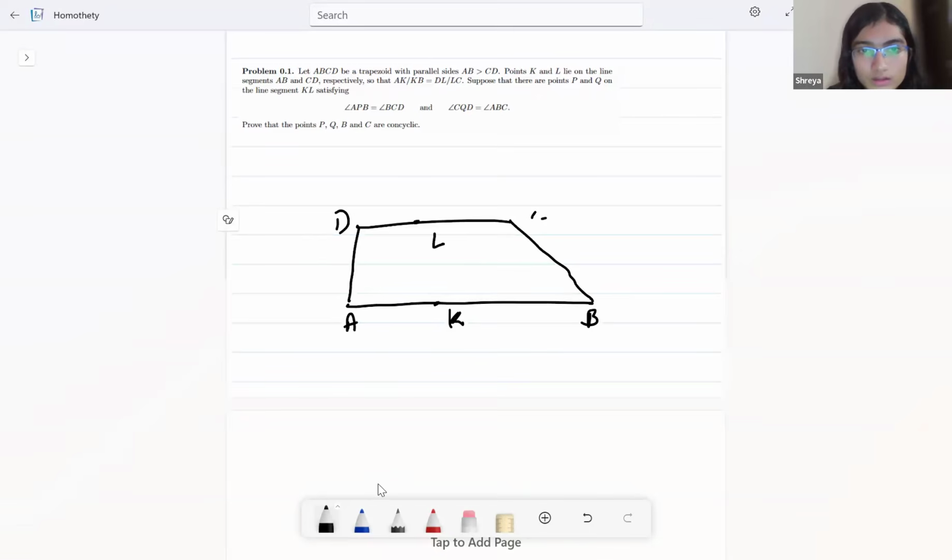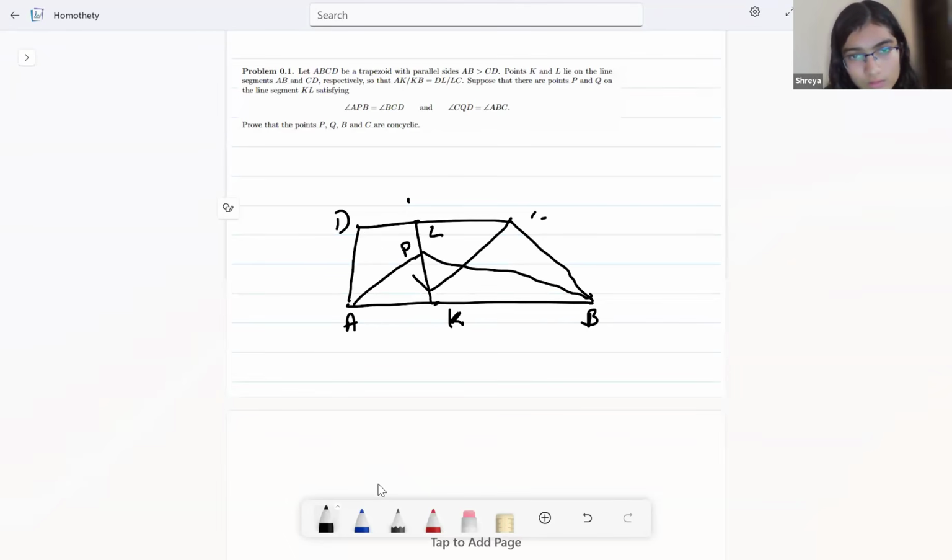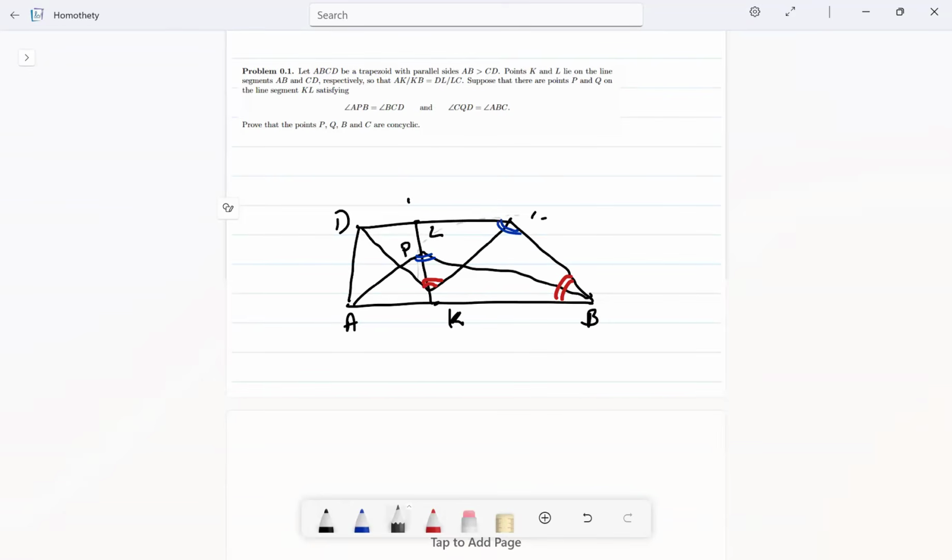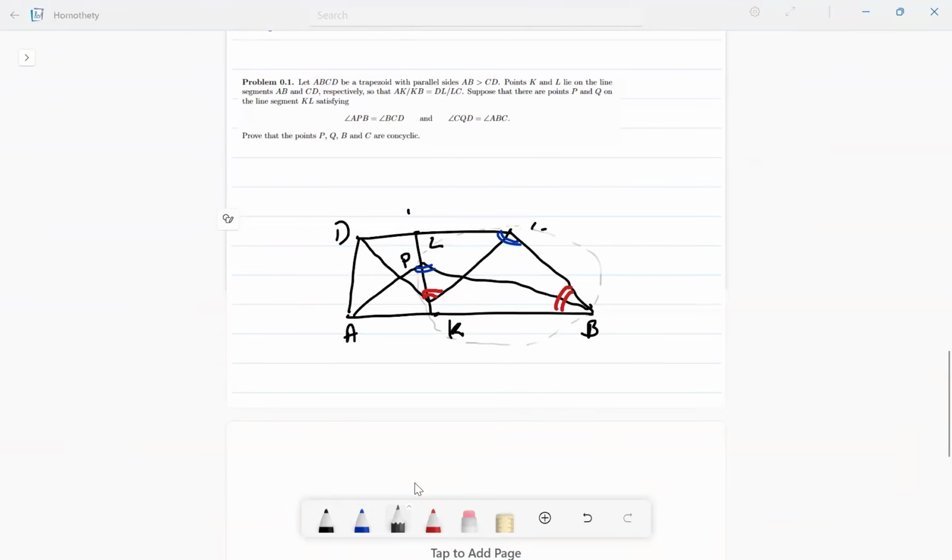Some zero conditions. And what we want to show is that these points are like, yeah.